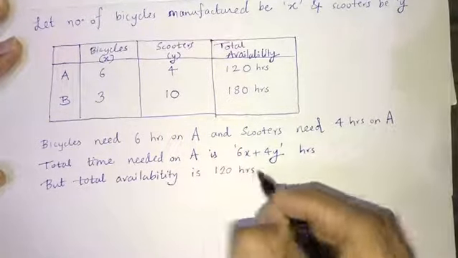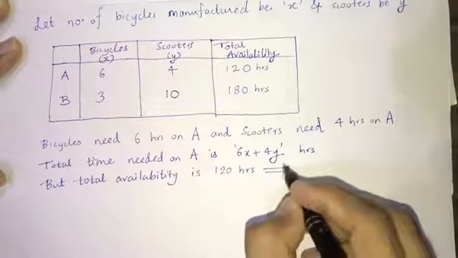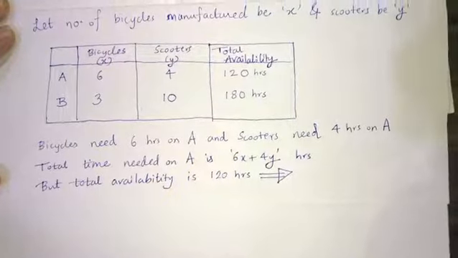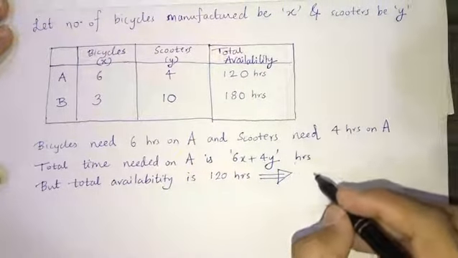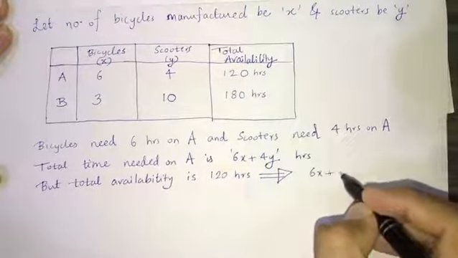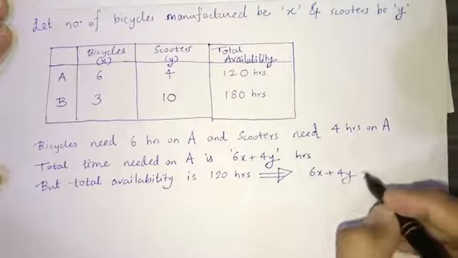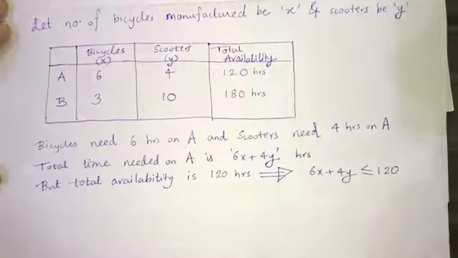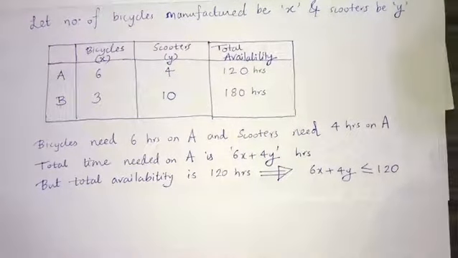You can't use the machine more than 120 hours. So that implies we have the first constraint. The first constraint is 6x plus 4y is less than or equal to 120.